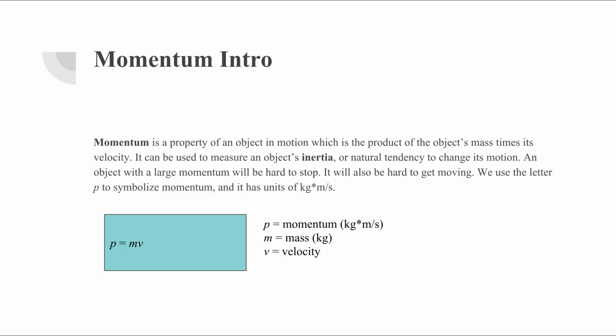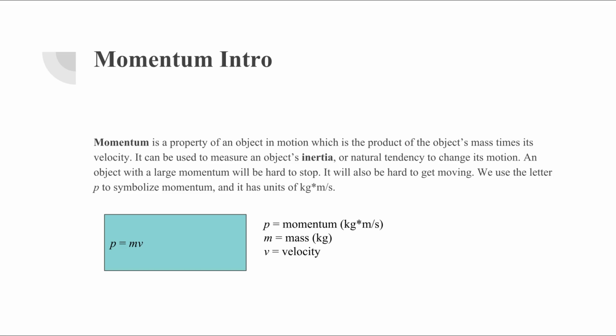An object with a large momentum will be hard to stop. It will also be hard to get moving. However, an object with a low momentum will be easy to stop, and easier to get moving. We use the letter P to symbolize momentum, and its derived unit is kilogram meters per second.